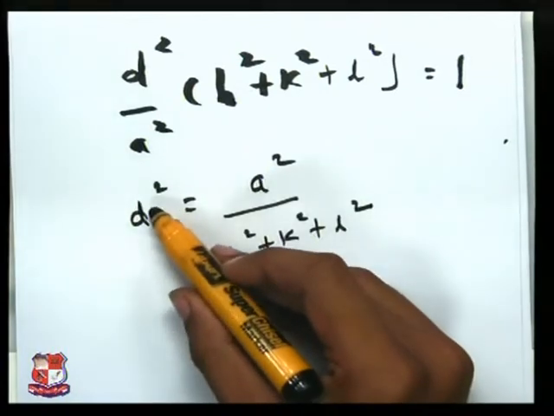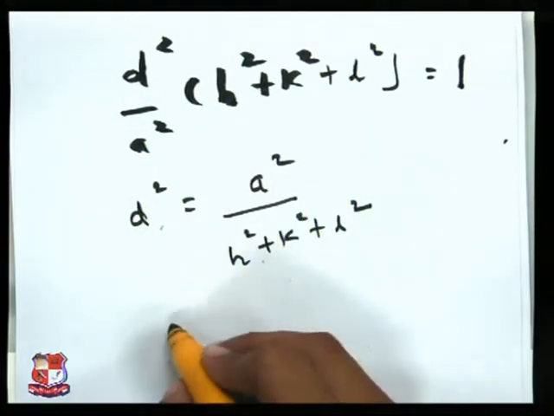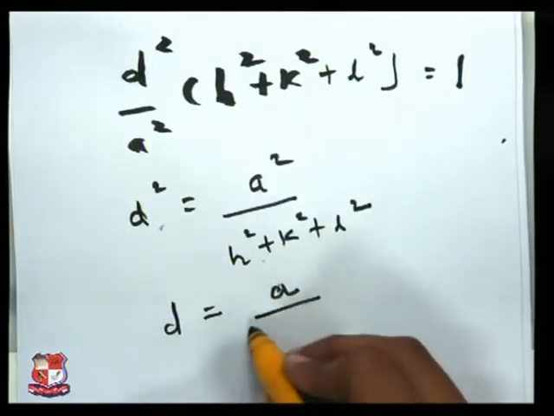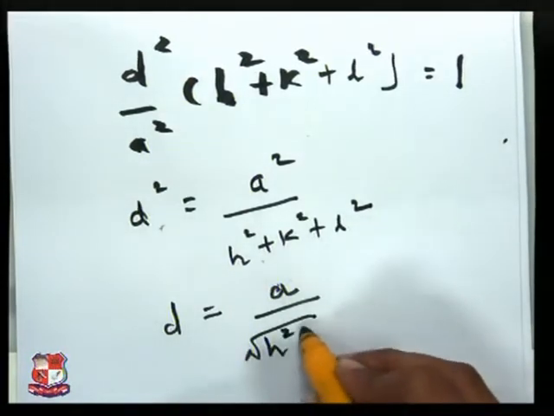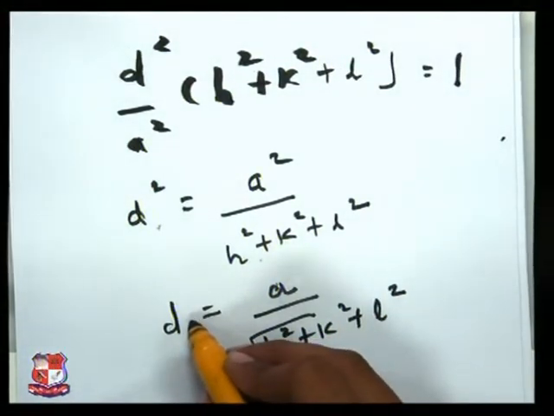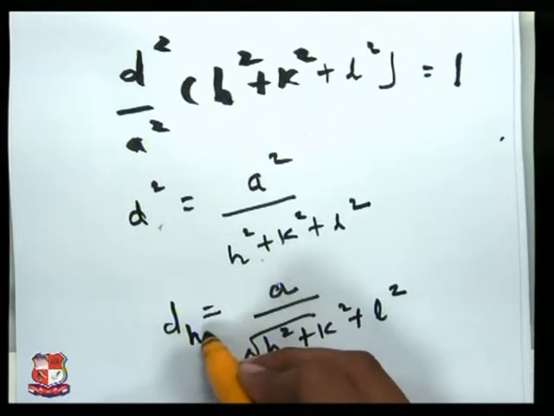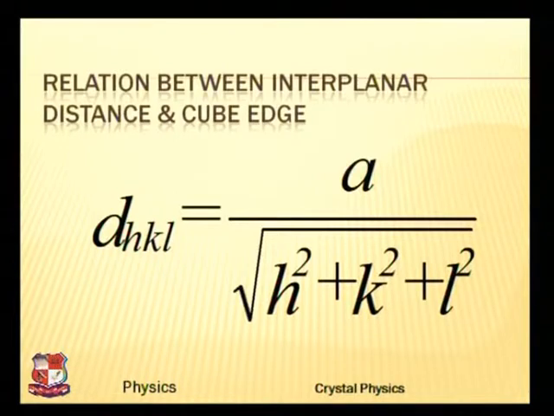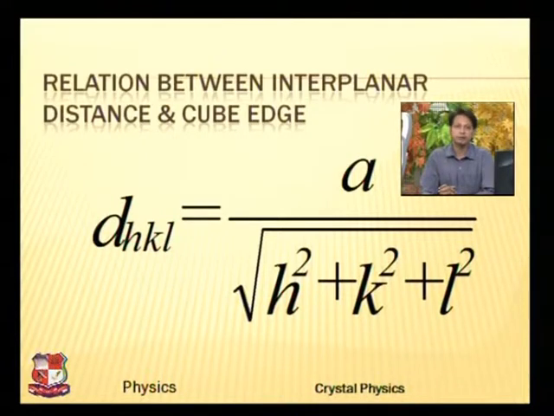Now if we take out the square, d is equal to a upon under root h square plus k square plus l square. In the same manner we can define d_hkl. So you can see the relation between interplanar distance, that is, the distance of cube edge: d_hkl is equal to a upon under root h square plus k square plus l square.